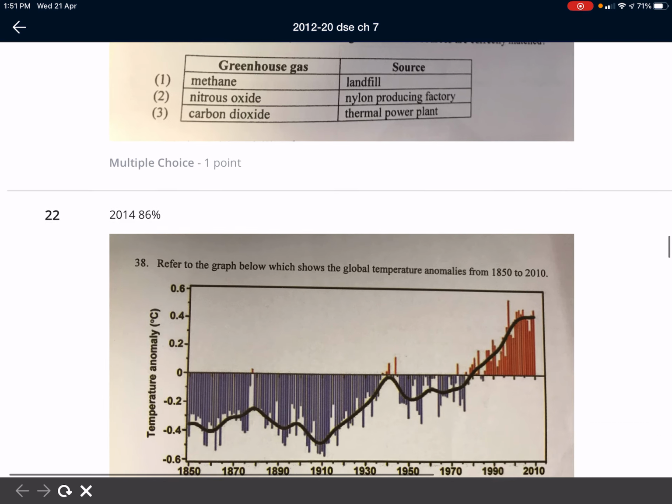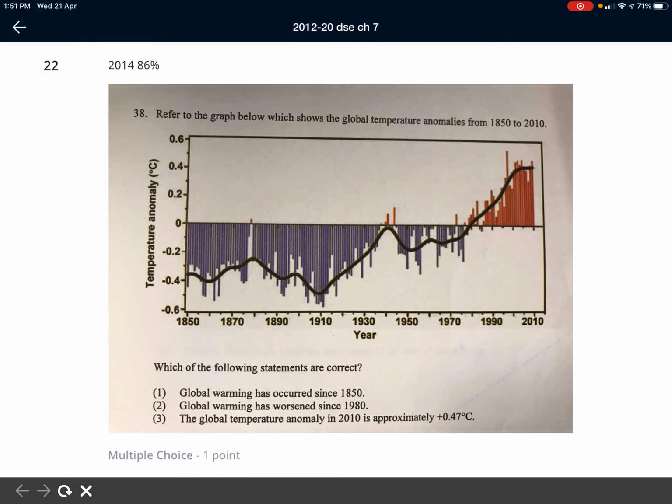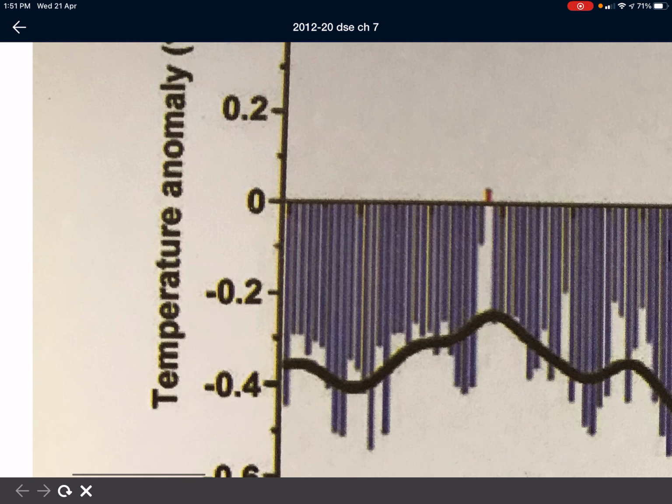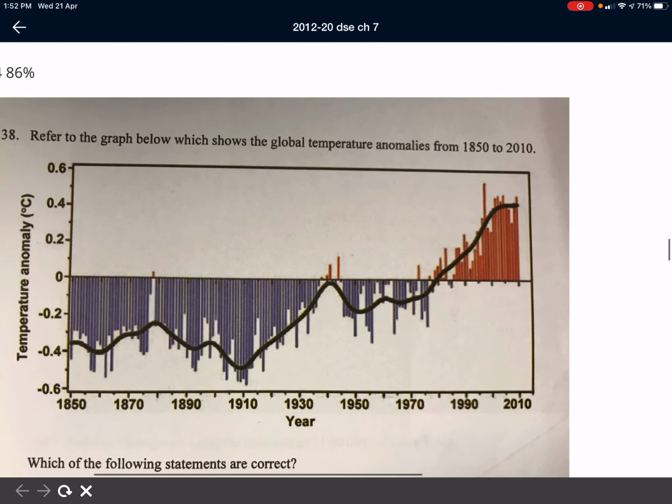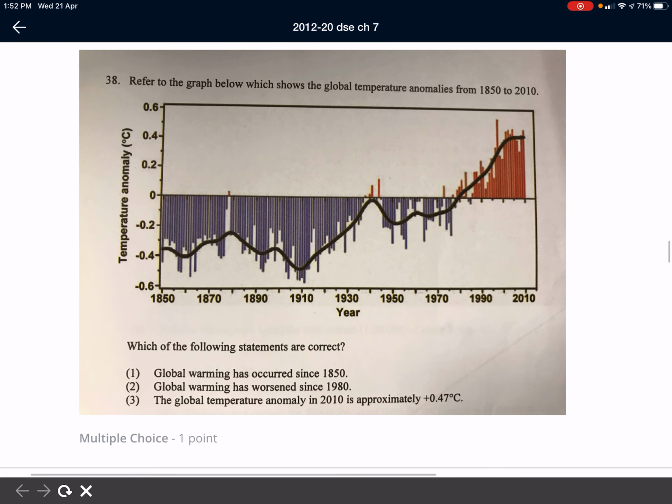Number 14. Which of the following statements are correct? Global warming occurred since 1850, isn't it? Not really, because you can see right here, it is lower than normal. How about global warming starting at 1980?